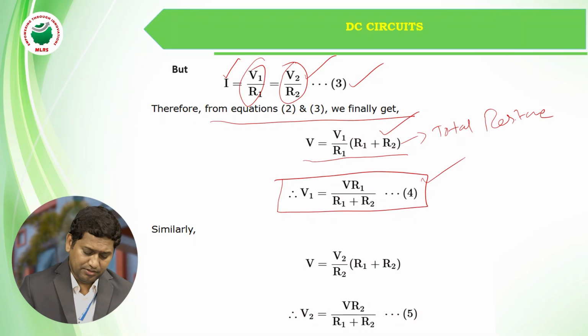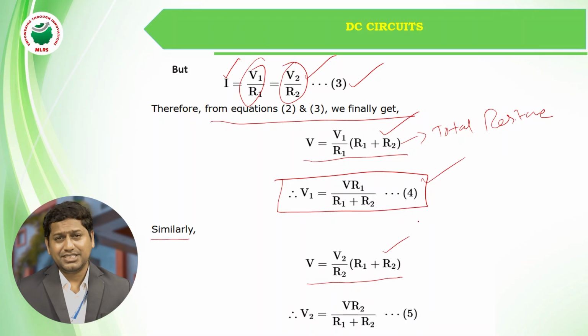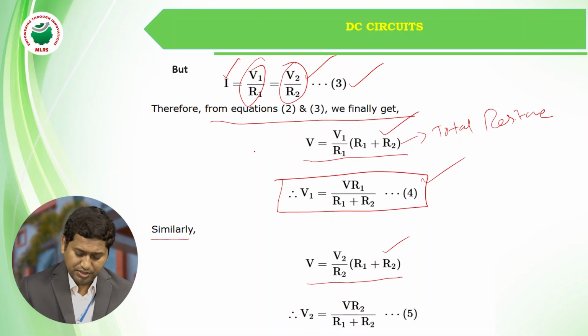So similarly, from the above context, we can write V equal to V2 by R2 into R1 plus R2. So this is for V1 with R1, and similarly we get V2 with R2.